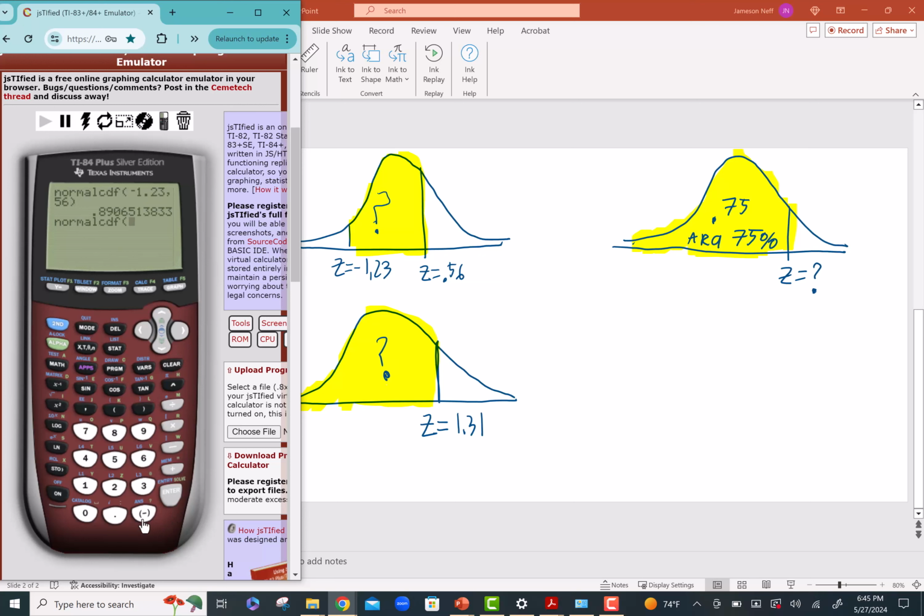Well, just choose some largish number, right? So we know that most of our data was within 2 standard deviations of the mean, so basically all of it's within 3. So I'm just going to choose a large negative number, right? Anything larger than 10 is fine. So just put in some random large number and then put in the z-score.